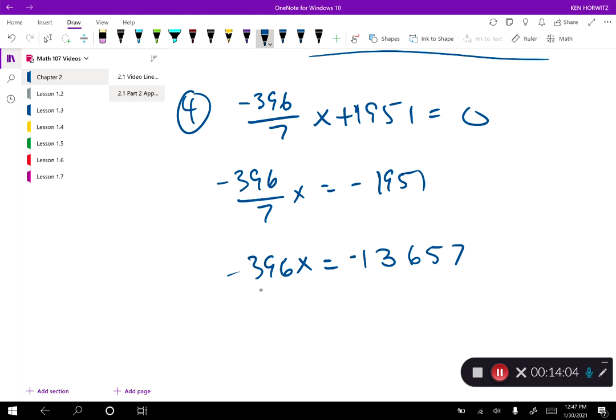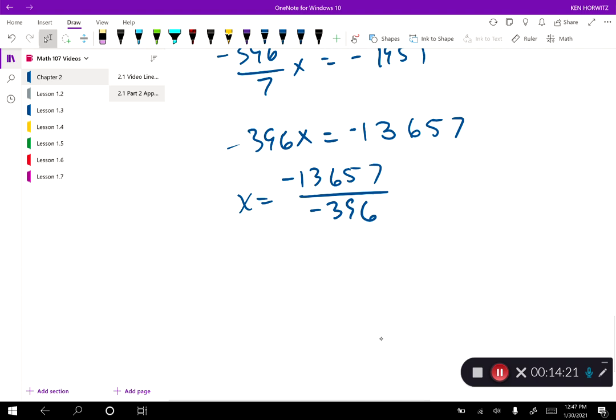And then we're going to divide both sides by negative 396. So I get x equals negative 13,657 divided by negative 396. Now that is approximately 34.487 years.